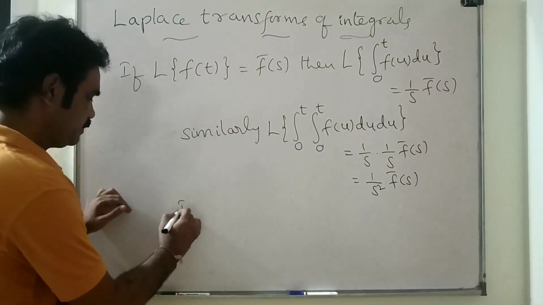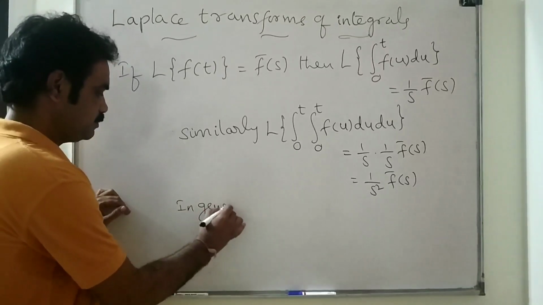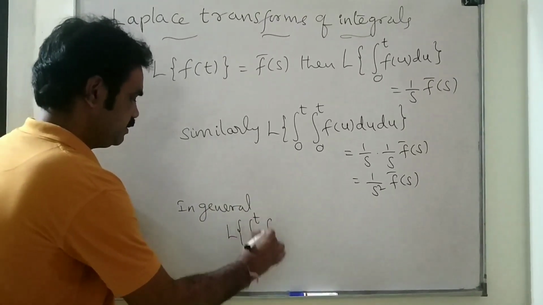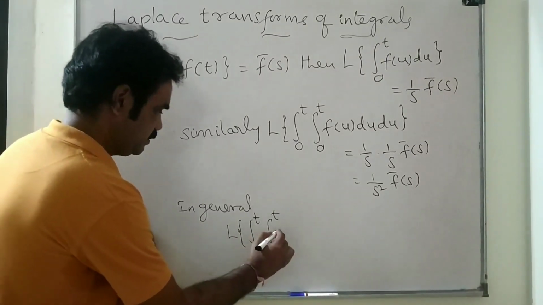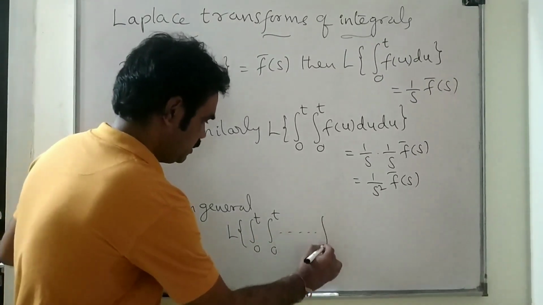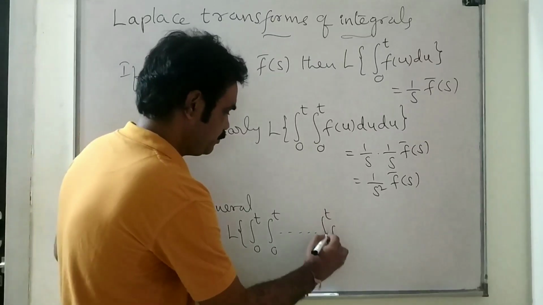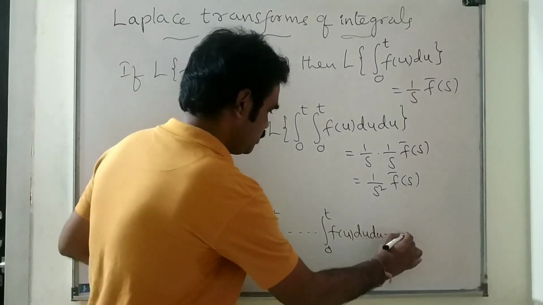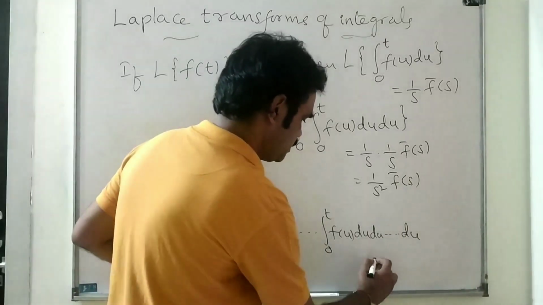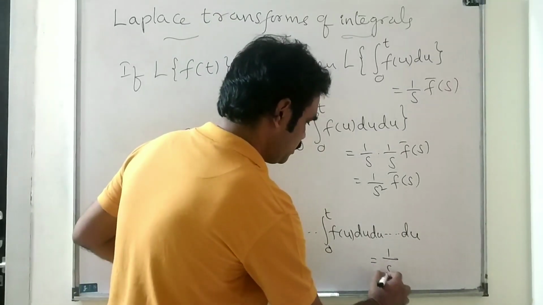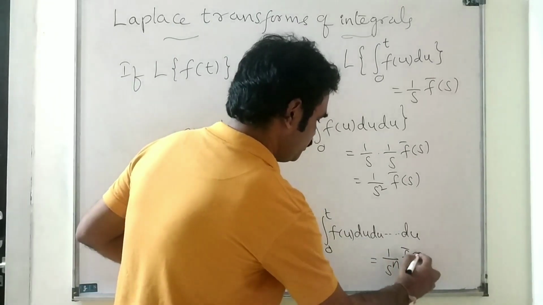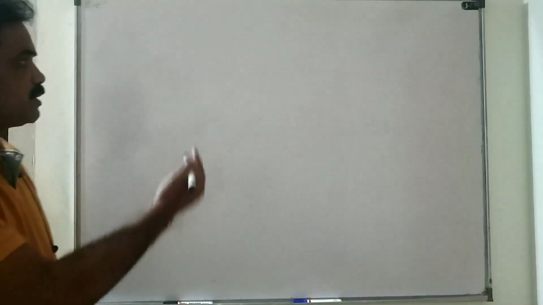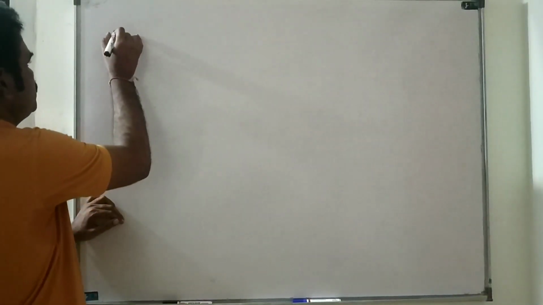In general, L of integral 0 to t and so on integral 0 to t f of u du and so on du n times is equal to 1 by s power n f bar s. Understand? Let us look at the problems on Laplace transforms of integrals.